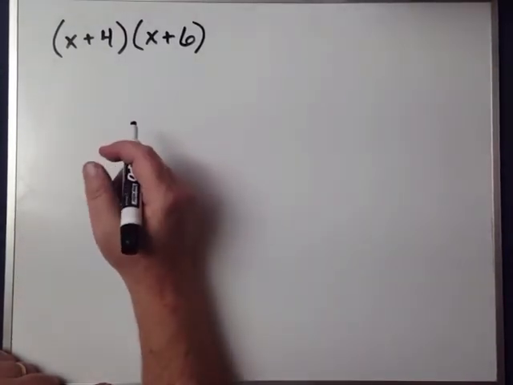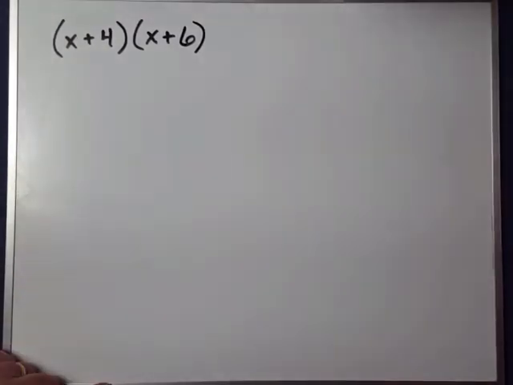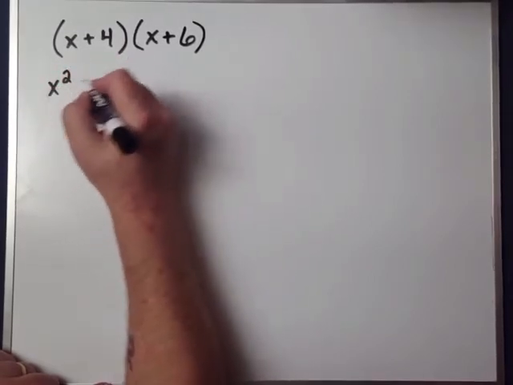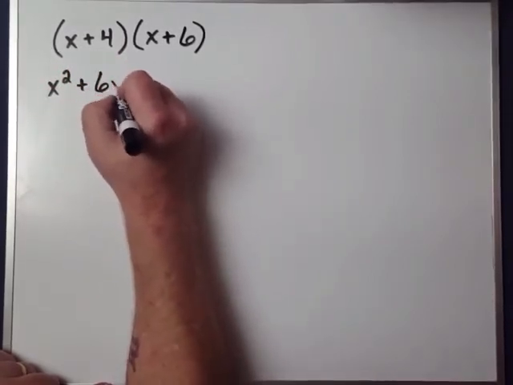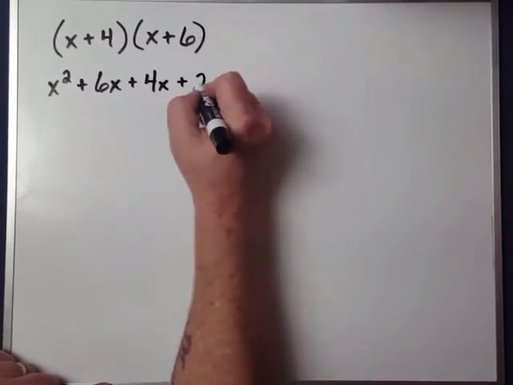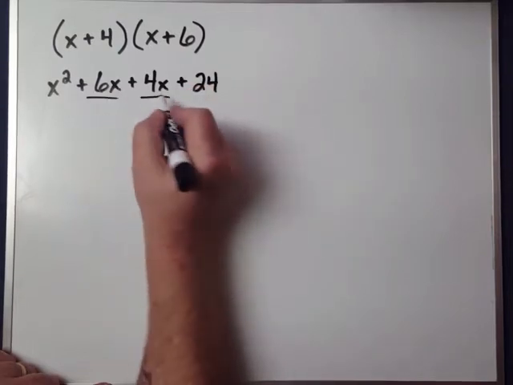Here's a pair of binomials, and if I multiply them together using FOIL, I have the first, the outside, the inside, and the last. Combine like terms.